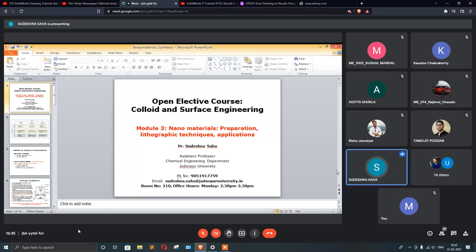So in today's class we will see, depending on these categorizations, what preparation techniques are easily available to us, which enable us to make these nanomaterials.